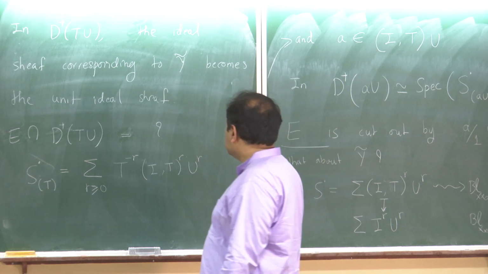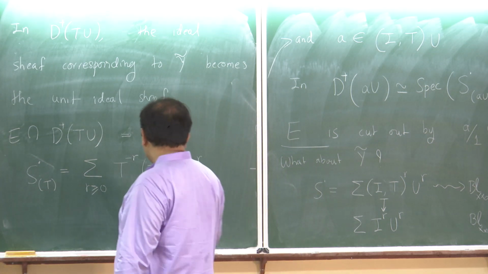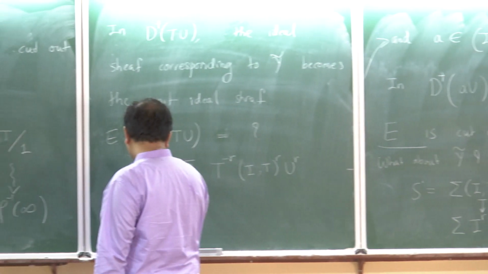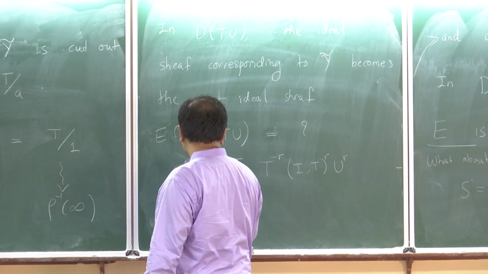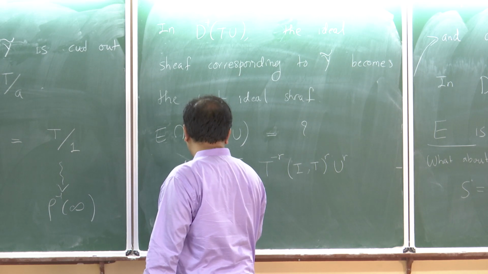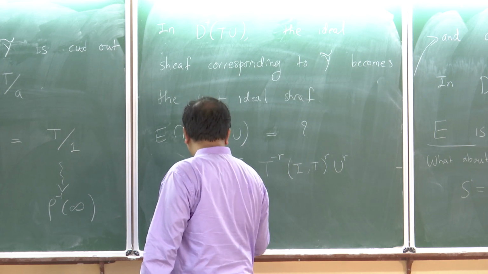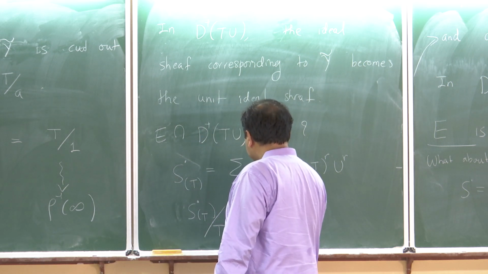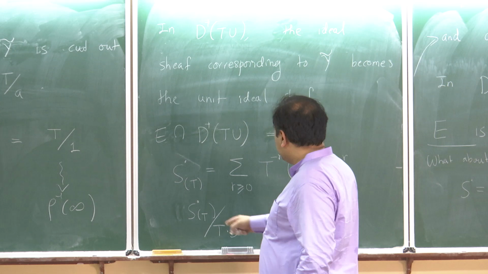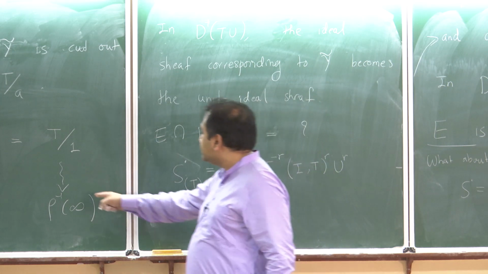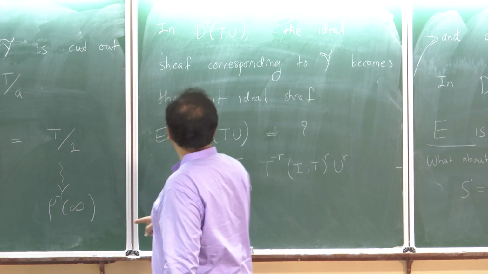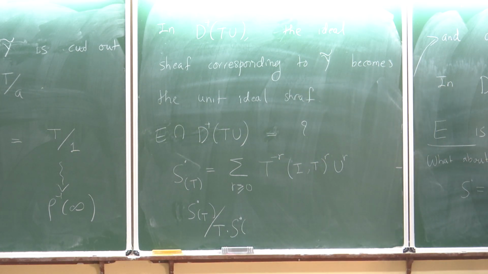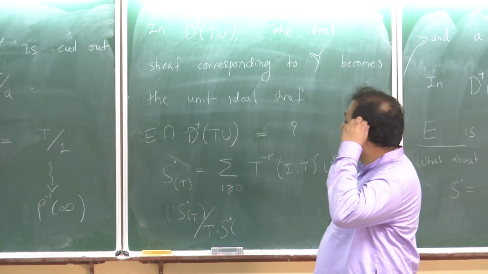Yeah, that seems okay. And then now I want to see what is S dot T by T times S dot T. Since in S dot T the only part of rho inverse infinity that is there is basically what is left of the exceptional divisor after removing y tilde.